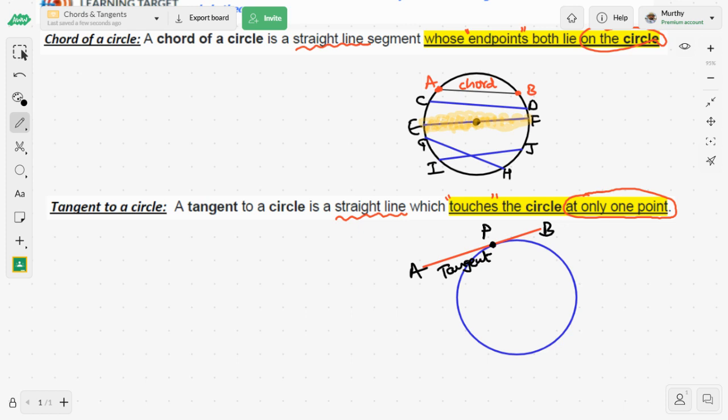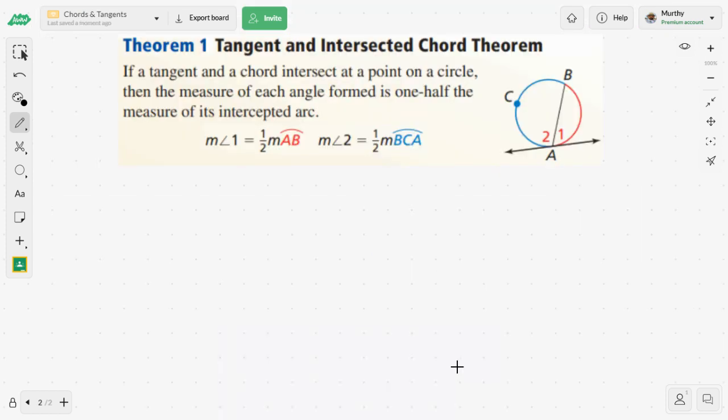Questions on this? In today's class, I'm going to take only two theorems. The first one is the tangent and intersected chord theorem. First of all, just now I explained that a line segment whose endpoints are on the circle is known as a chord.